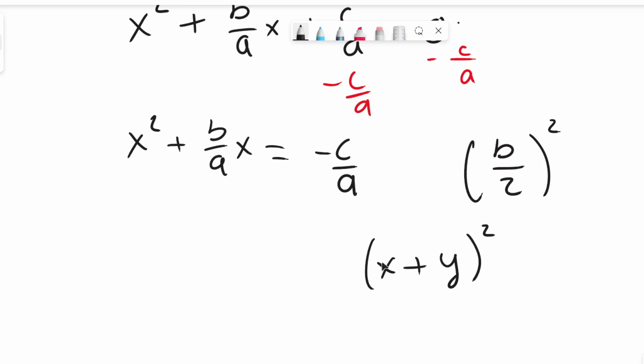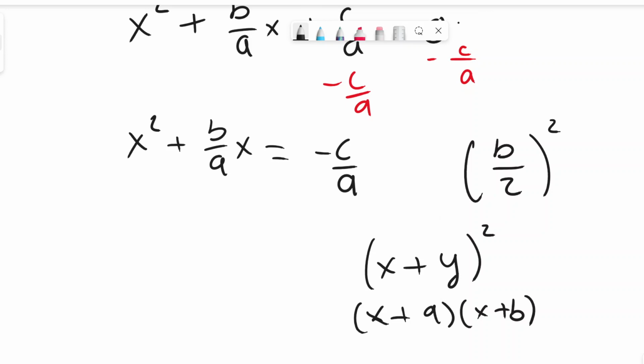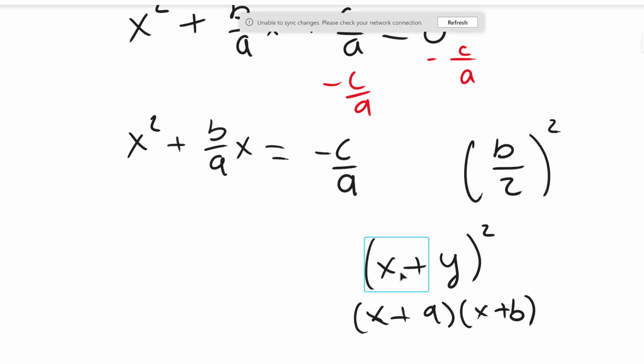In this way, you get x isolated instead of something maybe like x plus a and x plus b. In this case, we have two x's, but what people realized back then was you can put it as just one expression that you can square, and then you can take the square root of that, and you can subtract that to get x by itself, and that is exactly what we're going to do soon.